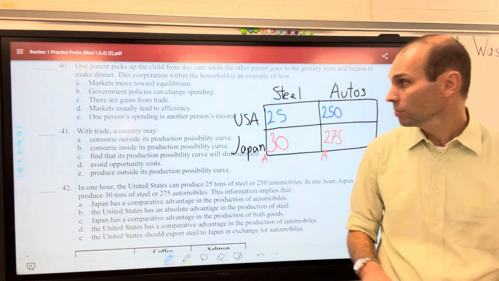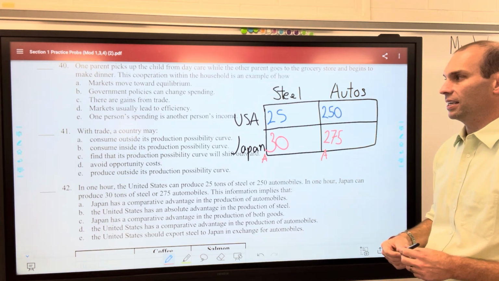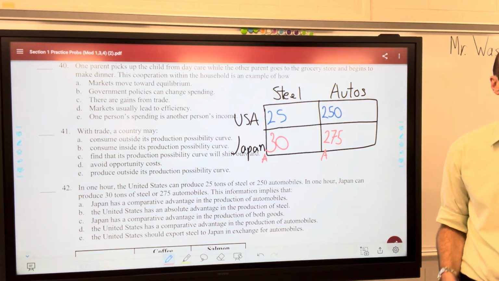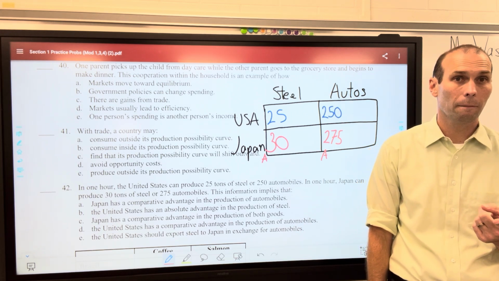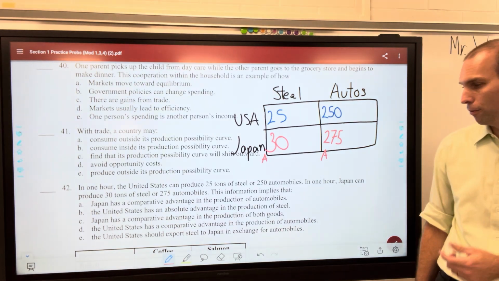You guys ready? So here's what it means. First, we have to understand, what does it cost the United States to make a ton of steel? Well, the cost will be in the form of what? Automobiles. So how many automobiles do I have to give up for a ton of steel?